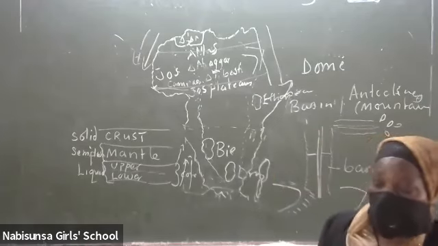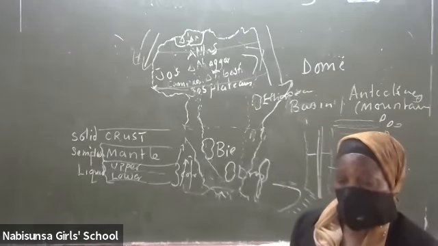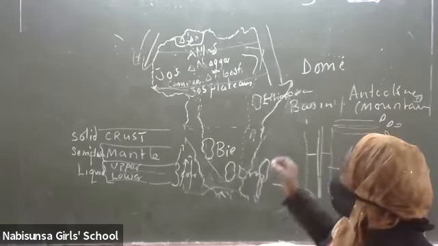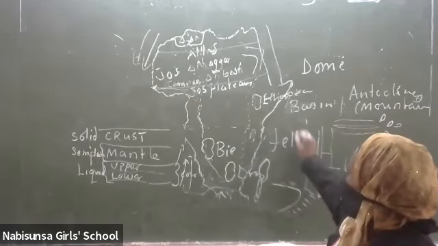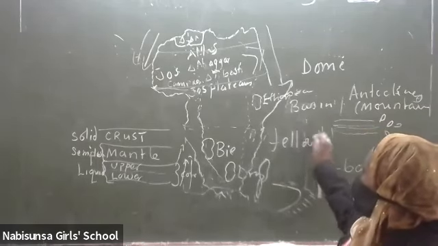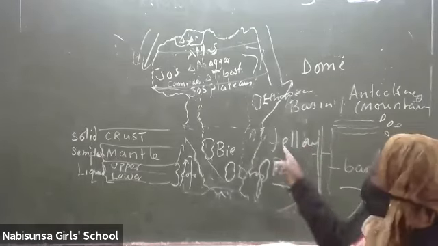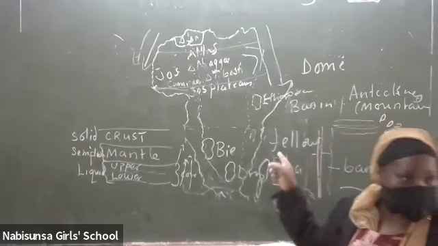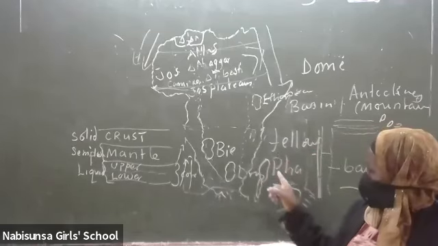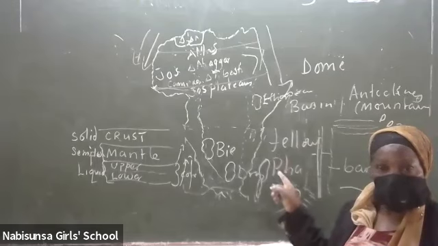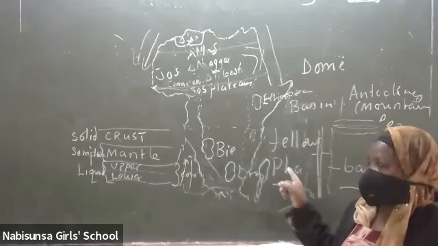The pharaohs had their wealth. You are talking about pharaohs. It is written pharaoh with PH, not fellows. Pharaohs, not fellows.